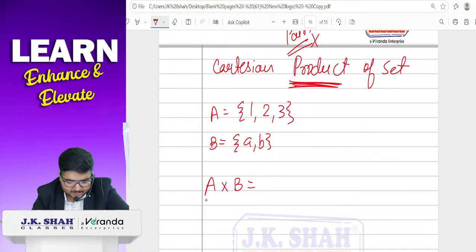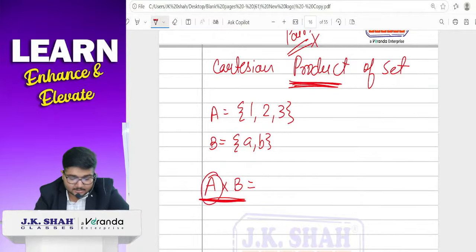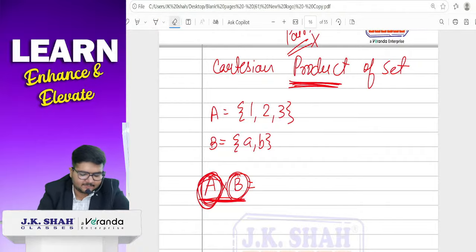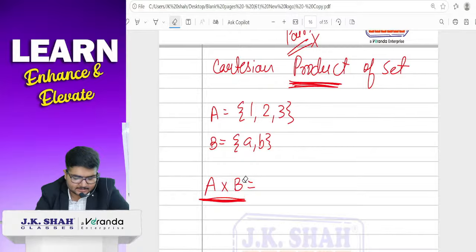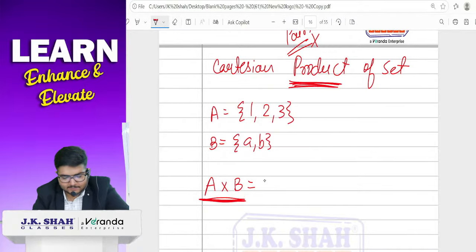That depends on this arrangement. First is set A, second is set B. So when you are making pairs, elements of A will stand first and elements of B will stand afterwards. Clear? The pairs should be enclosed in curly brackets. Let us make pairs.